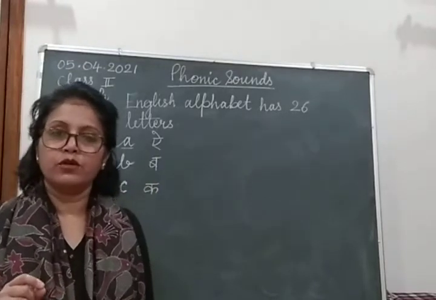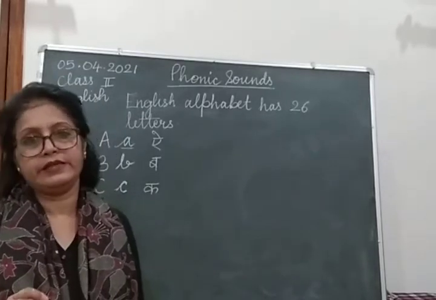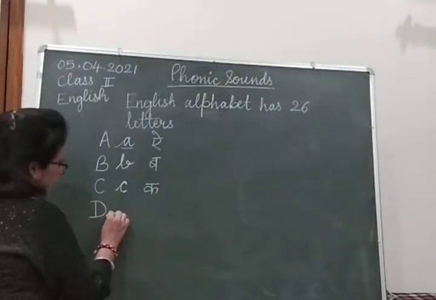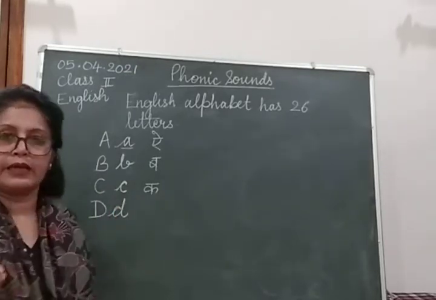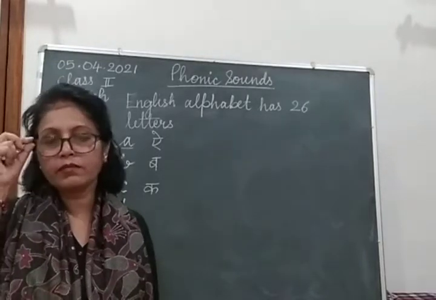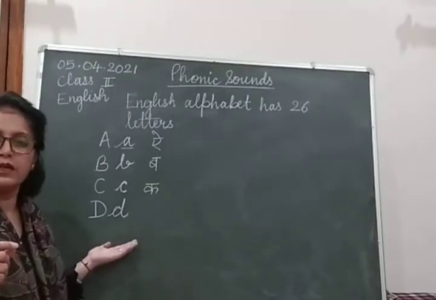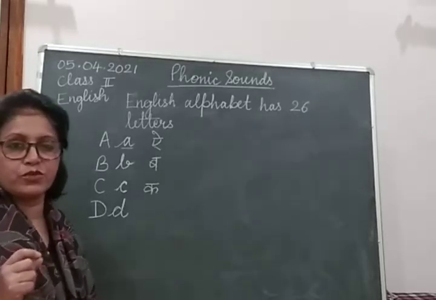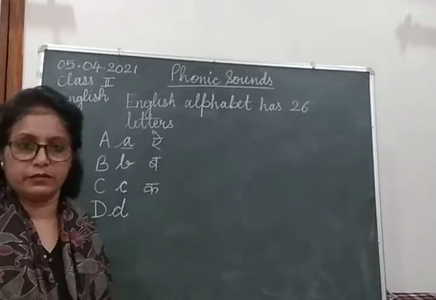Next letter of English alphabet is D. Yes, D. Capital D, and this is cursive D. We call this letter D, and the sound of this letter is d.